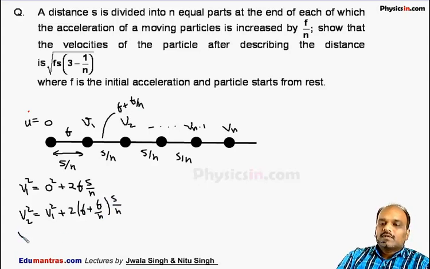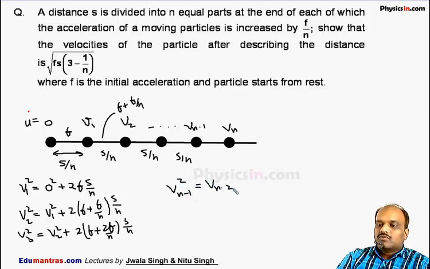In the same way, v3 square is equal to v2 square plus twice f plus 2f by n into s by n.